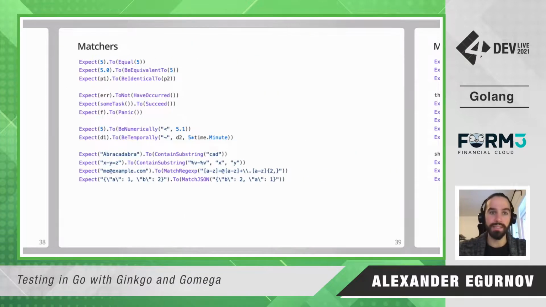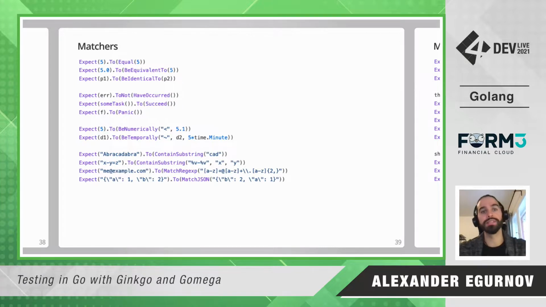So with that being said, I also mentioned matchers already. Matchers are actually an interface inside Gomega, which allows you to validate assertions. You can write your own, you can use existing ones, you can combine them in very creative ways. So here I've listed the most typical matchers you can expect from a typical testing library: comparing numbers, comparing strings, comparing objects.